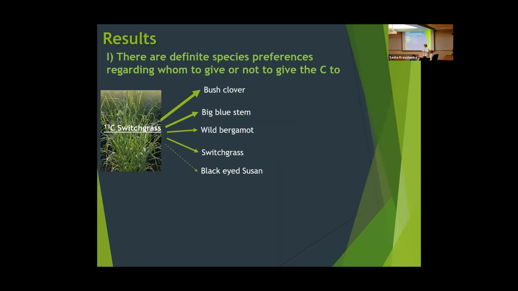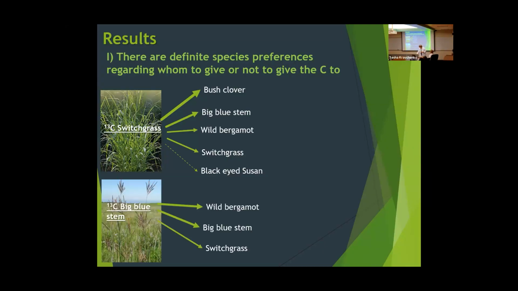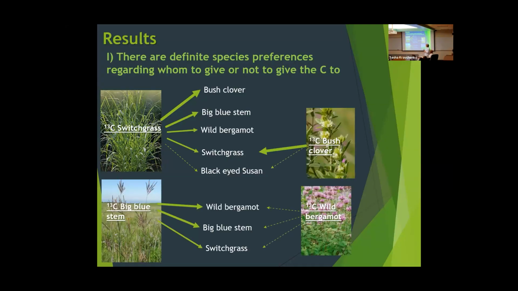I'm not going to go into a lot of detail on this. I just want to show you the combinations of neighbors that we tried out in these multiple experiments. These four are the source plants that we explored, and the list is the recipient neighbors, and the size of the arrows reflects, relatively, the magnitude of the carbon transfer that we observed.